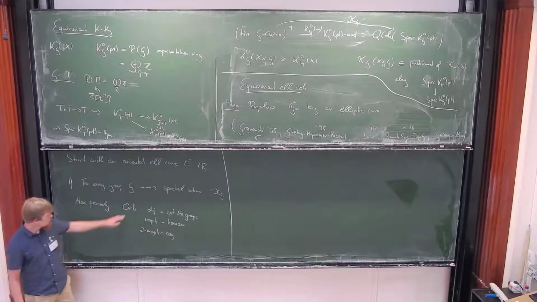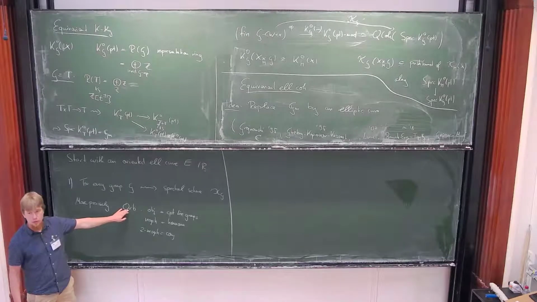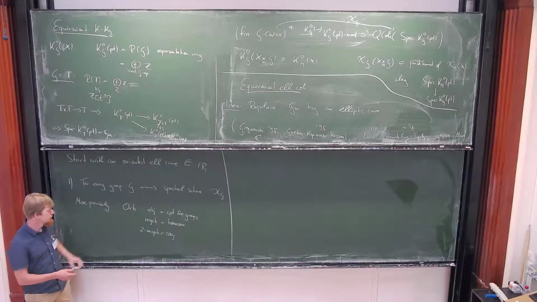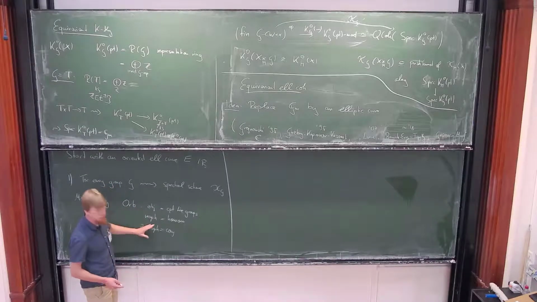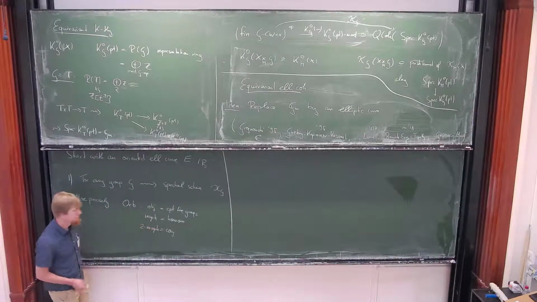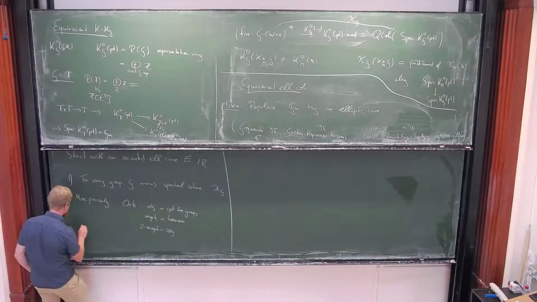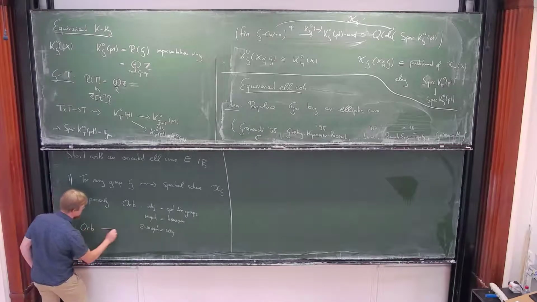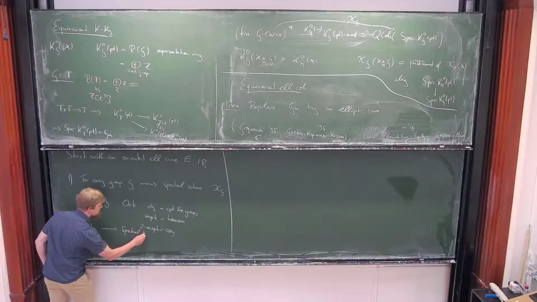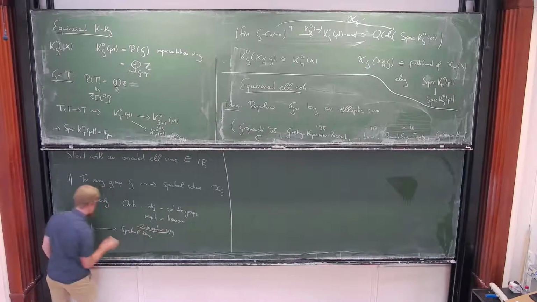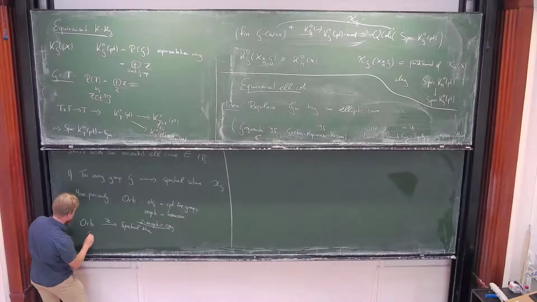Okay, so we can consider these two categories. In reality, of course, it's a topological two-category, because we have homomorphisms here, and we can pass to a corresponding infinity category. So more precisely, we have a functor to spectral schemes, which sends each G to X.